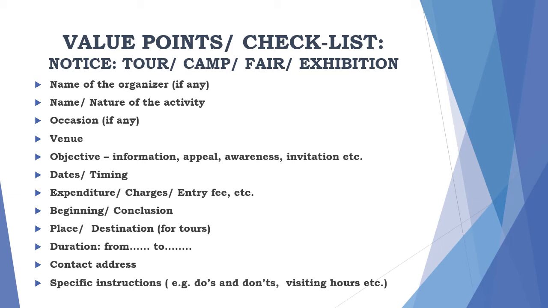Duration should be given, like from this day to this day, or this date to this date. Contact address, specific instructions if any, like do's and don'ts, visiting hours, etc.